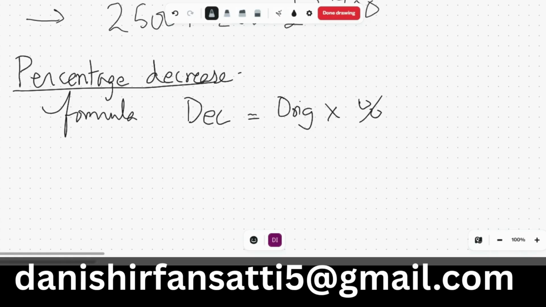And new value would be equal to original minus decrease.